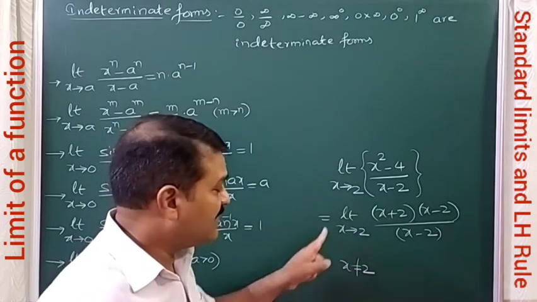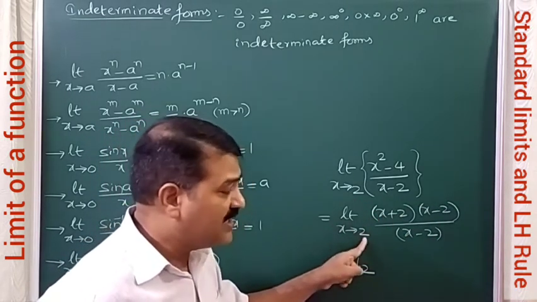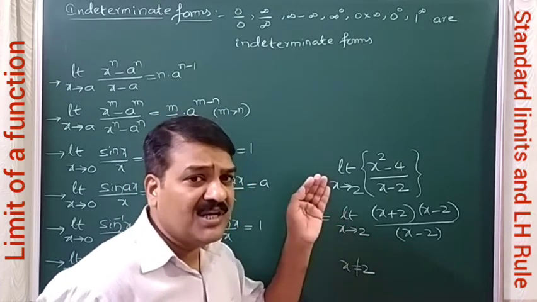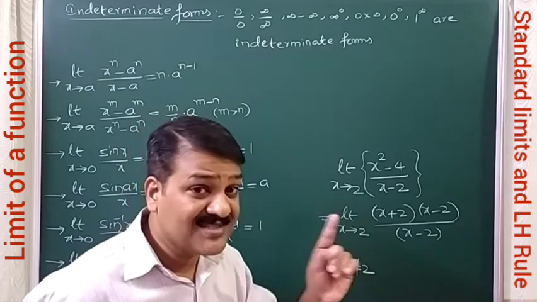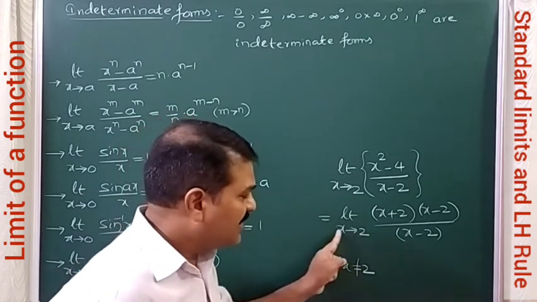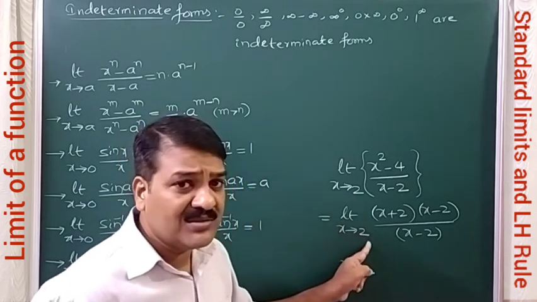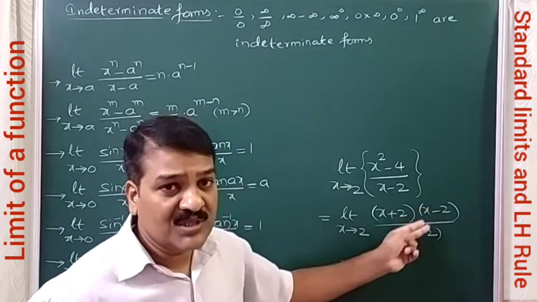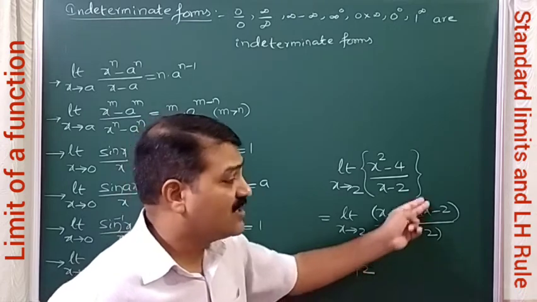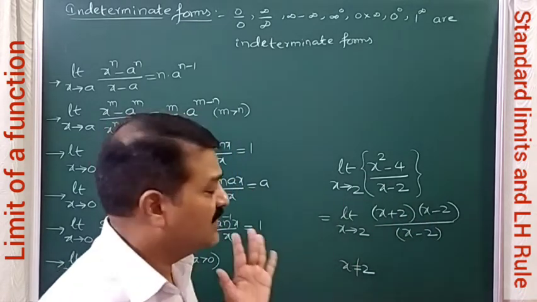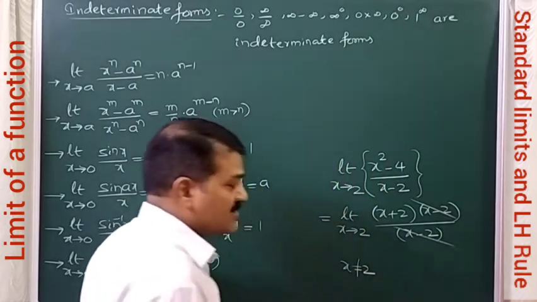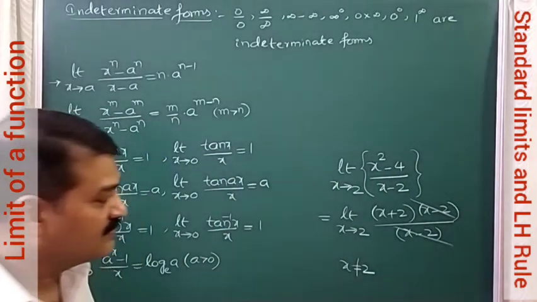When x tends to 2 we are taking x as nearly 2 but not exactly 2. You know that we can do the cancellation only for non-zero values, so you can cancel this without any hesitation because x cannot be 2 there.